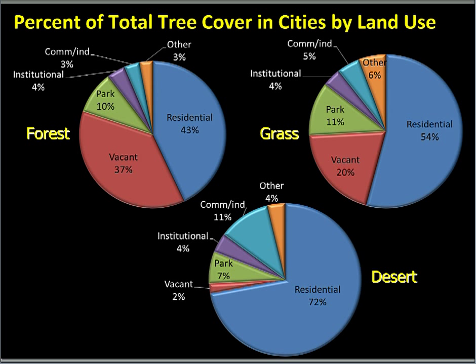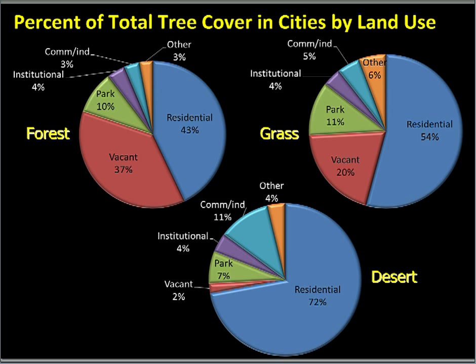What this graphic shows is how the cover is distributed within the city itself. So you can see if you live in a city that's forested, typically about 43% of your total canopy cover comes in residential areas and 37% comes from vacant areas.